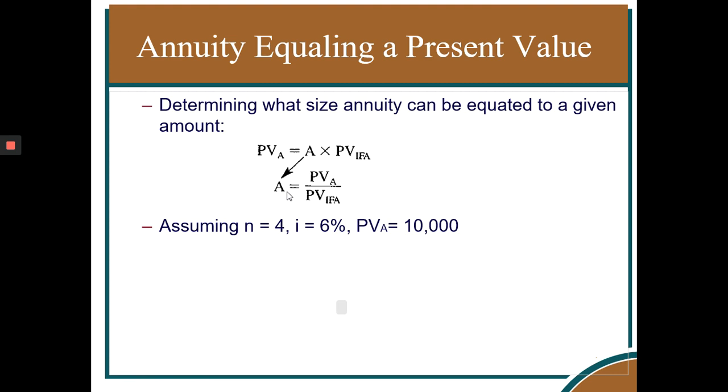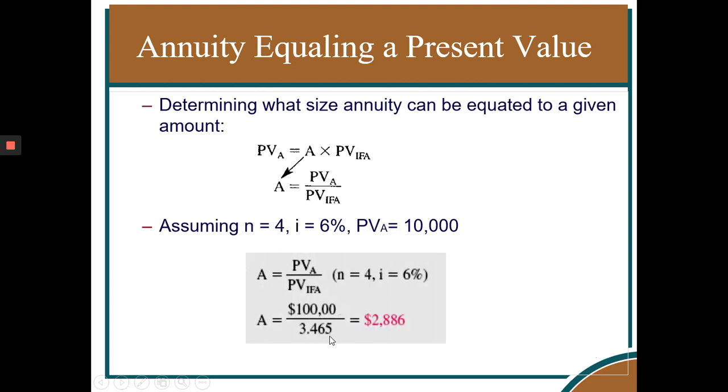Assuming n equals 4, i equals 6%, and the present value annuity is 10,000, the only missing thing is your present value annuity interest factor.